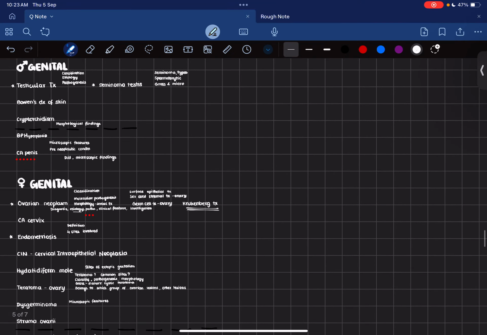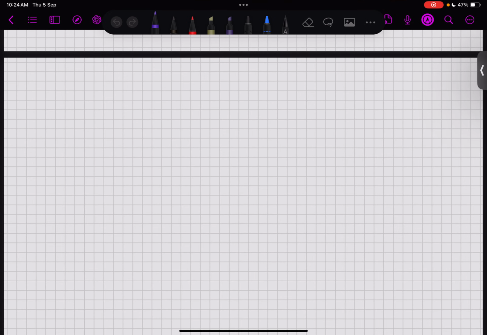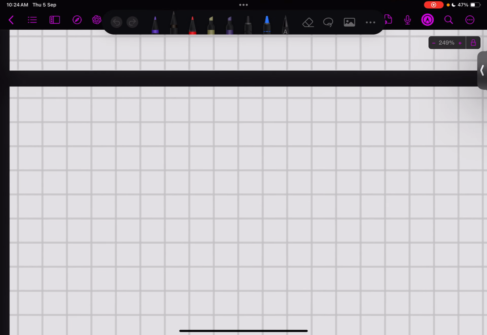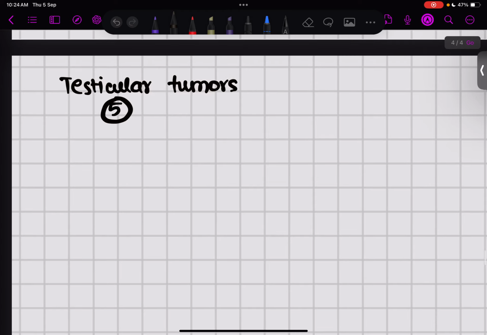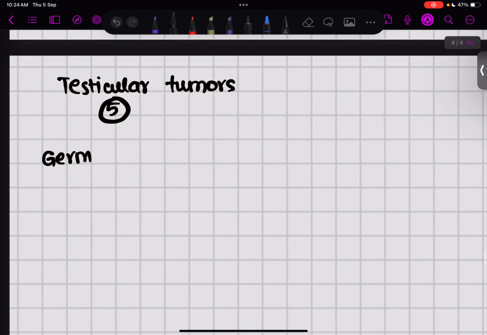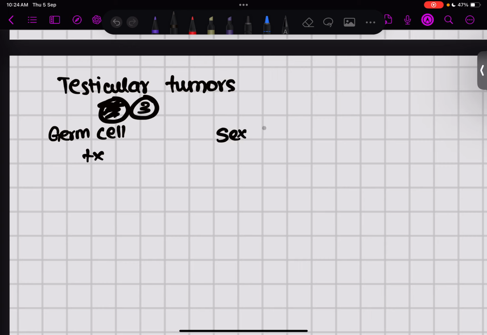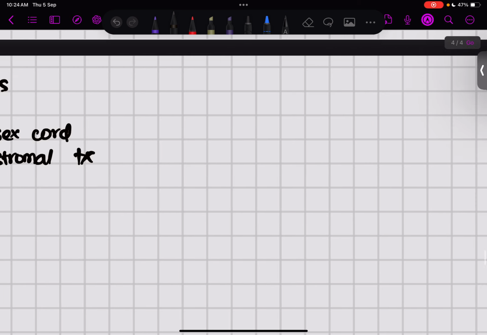Now testicular tumors. Testicular tumors can be classified into 3 basic types: germ cell tumor, sex cord stromal tumor, and others.